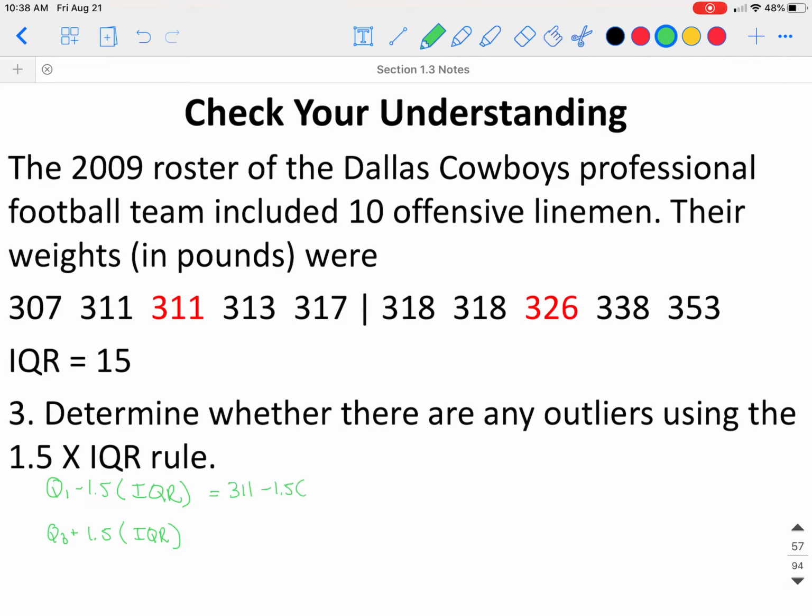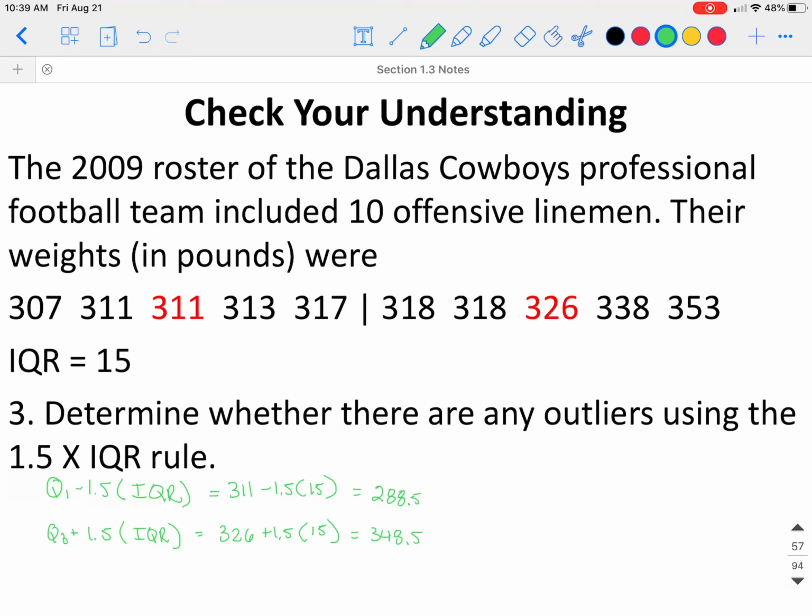Our Q1 is 311, and our Q3 is 326. That is going to give us that we can go down to 288.5 pounds, and we can go up to 348.5 pounds without having any outliers.